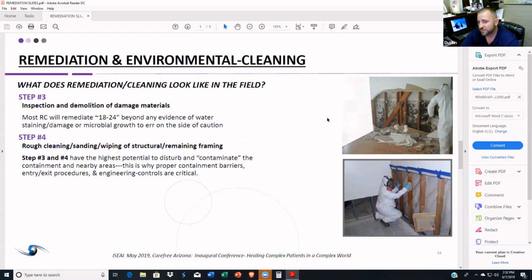The more surgical you are going through the job, the easier it's going to be on the back end. It's not easy to clean as it is, but there'll be less you have to worry about. So clean as you go and bag things as you're pulling them off the wall. It's a good practice if you can get everybody to follow along.